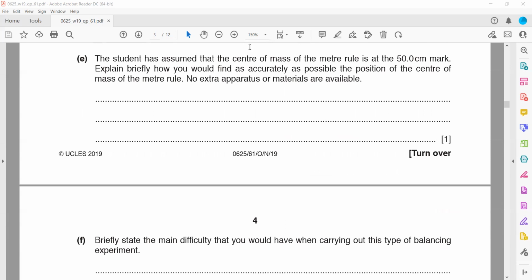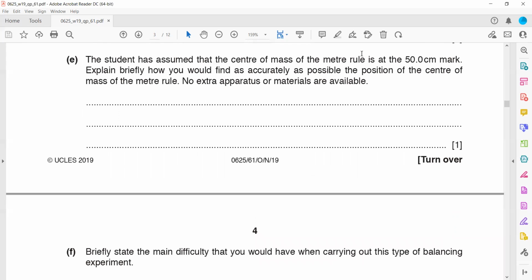Students, assume that the center of the mass of a meter rule is at 50 centimeter. Explain briefly how you would find, as accurately as possible, the position of the center of the mass. So how do we determine the position of the center of the mass for any object? We will pivot at different positions.